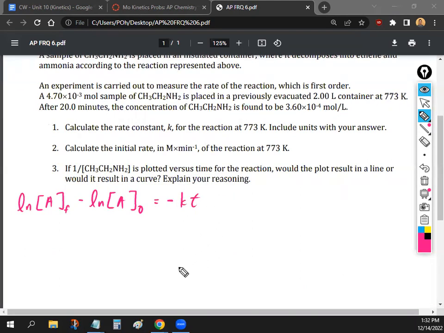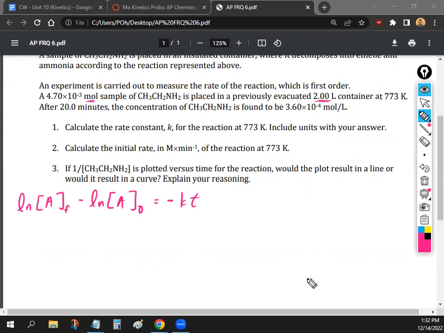Okay. Now, one of the key things you guys want to keep in mind is that our values are given in moles. Okay. So what we want to do is make sure that we divide it by the volume before we put it into this equation. Because if you notice, this equation is concentration. Concentration is measured in molarity.